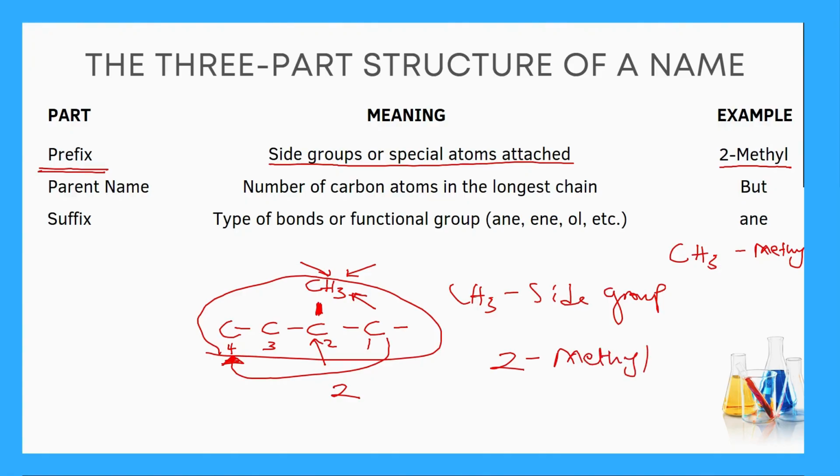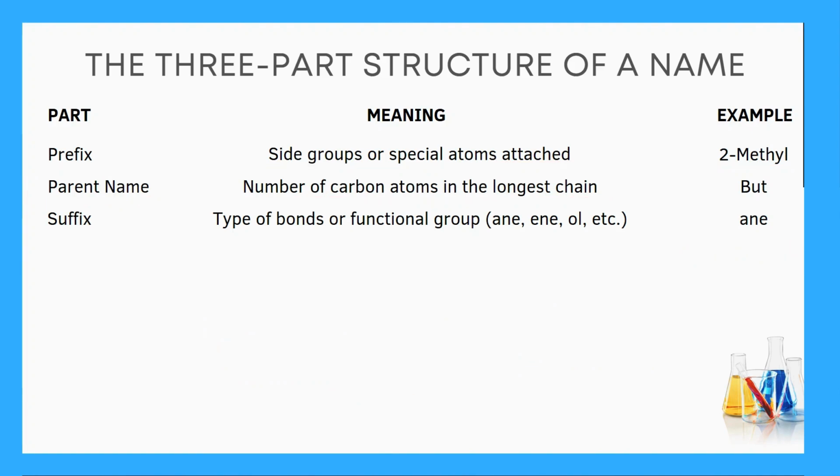Now the next thing is the parent name. The parent name simply refers to the number of carbon atoms that are present in the longest chain. When we were counting the number of atoms present in this chain, we counted 4 carbon atoms. In naming organic compounds, when you have just 1 carbon atom, you use the parent name METH.